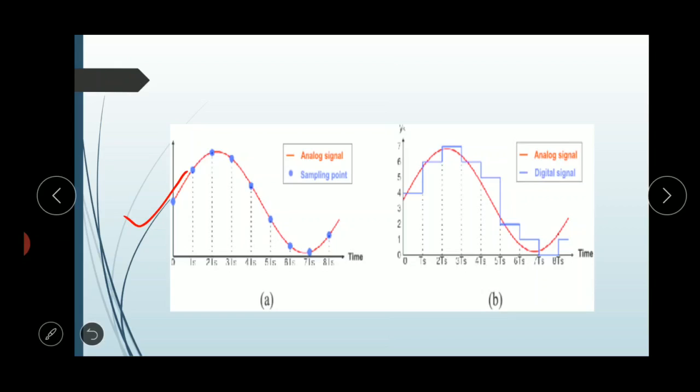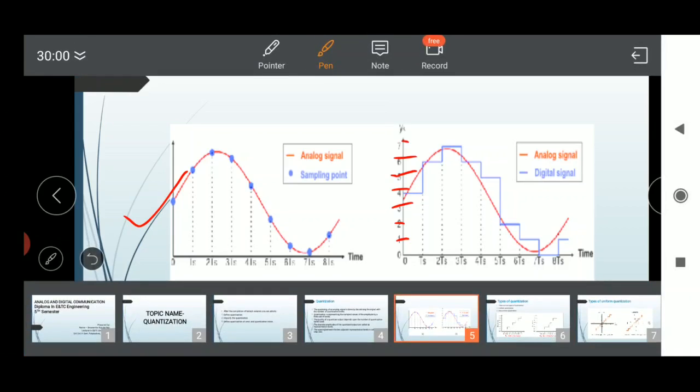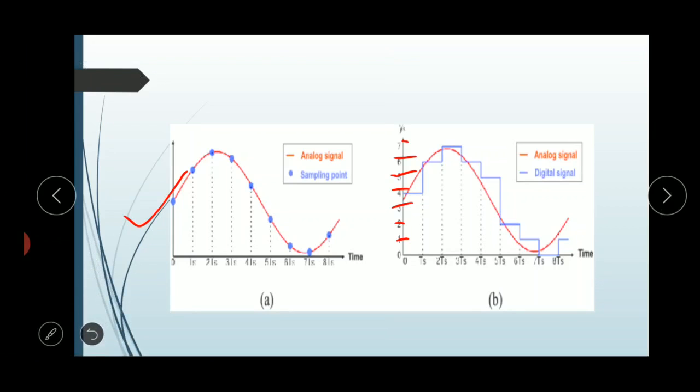We compare our samples with those levels. This is the first sample; we compare it with the level and get the value 4.